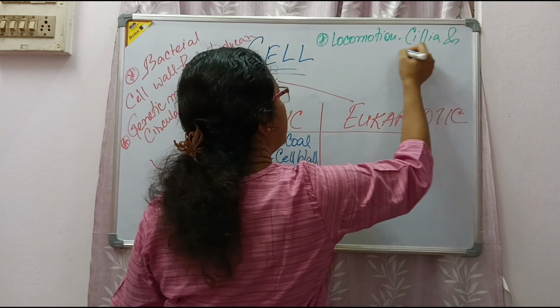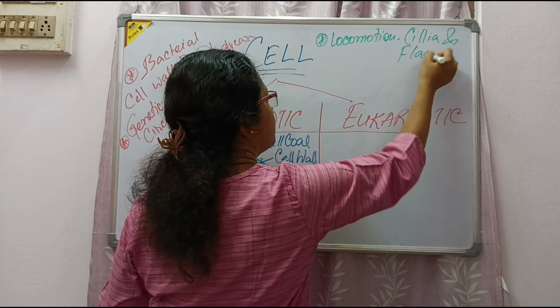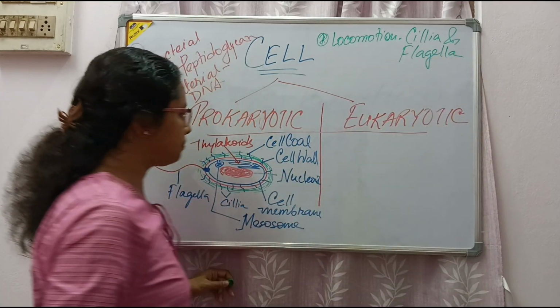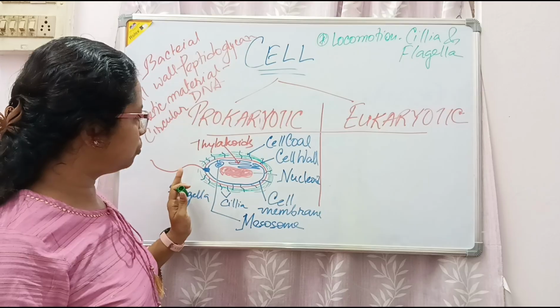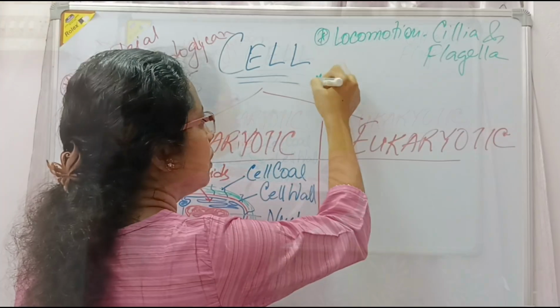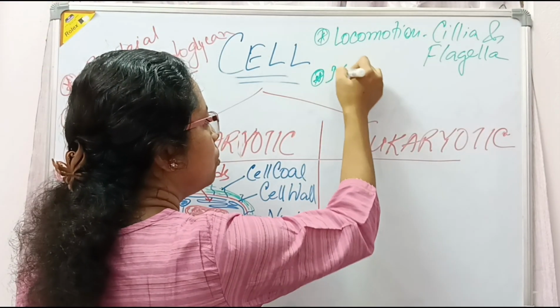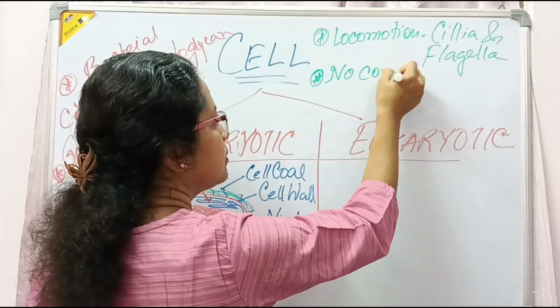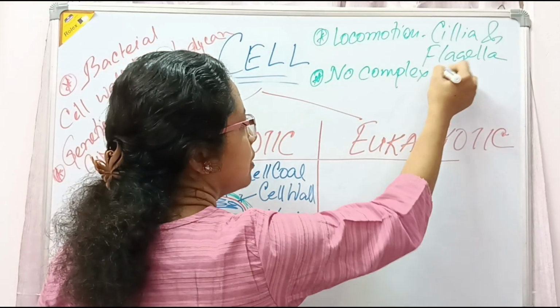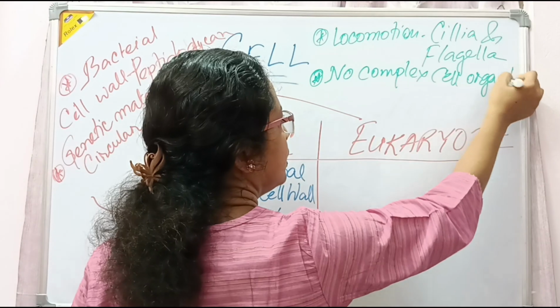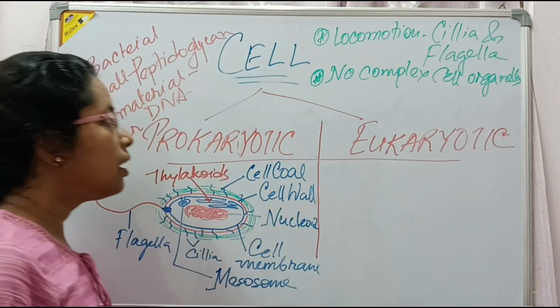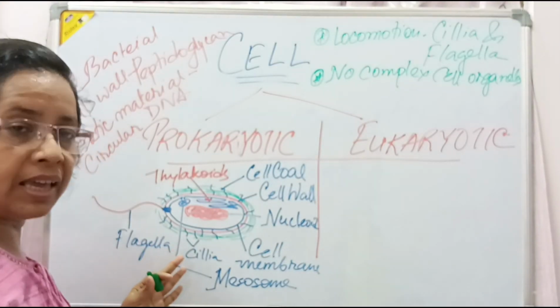Cilia and flagella. So what else could be right here? No complex cell organelles. So these are the basic things.